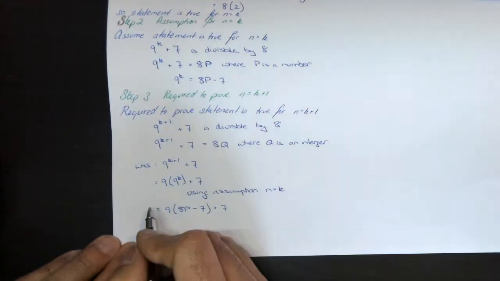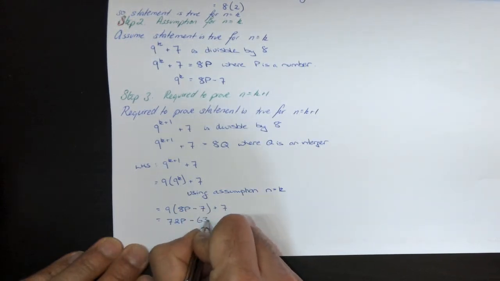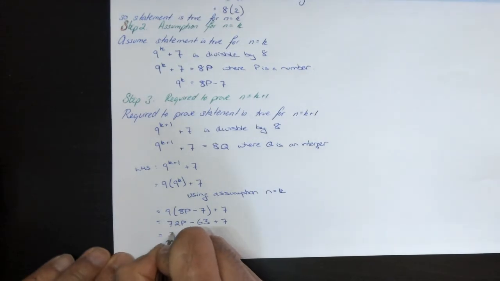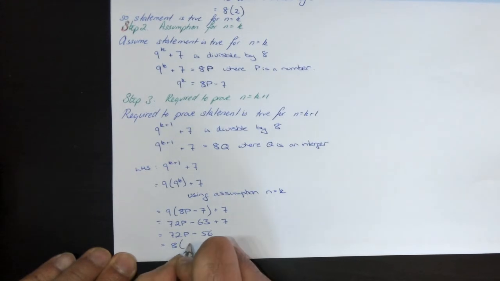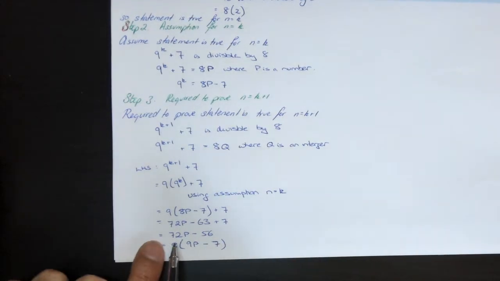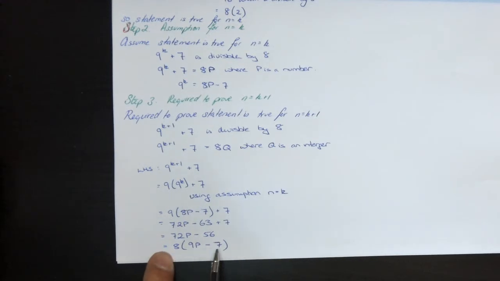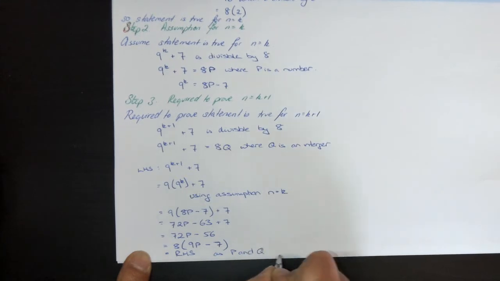So now I'm basically just going to expand this out. And what I've got is 72p minus 56. If I take out a common factor of 8, I get 9p minus 7. So I get 8 lots of something. Yeah, and then you can imagine that q is worth this, which equals the right hand side, as p and q are integers.